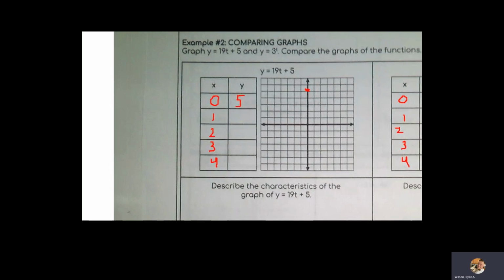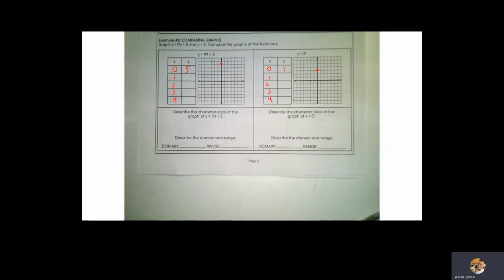Somebody give me my answer for the linear, sorry, for the first problem. At 1 hour, what did I get? 24. Okay. And then what was the next one? 43. And the next one? 62.